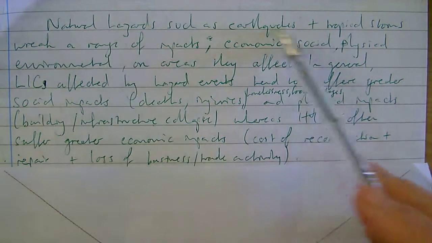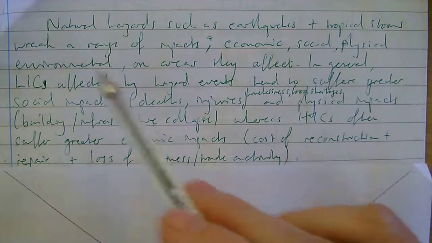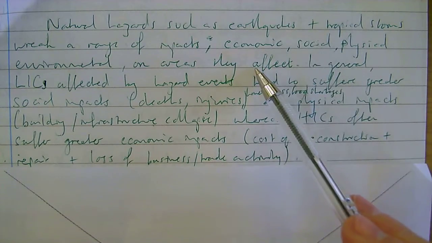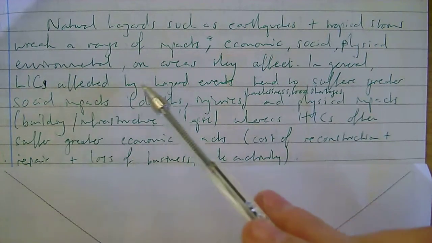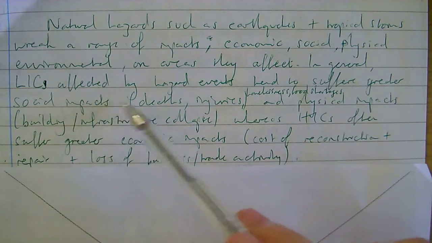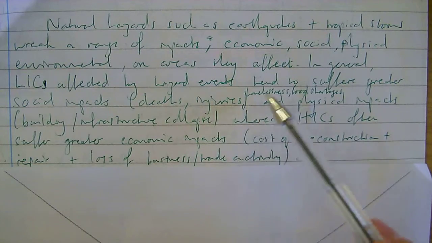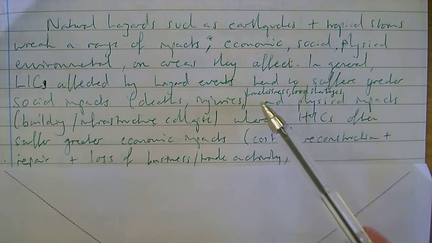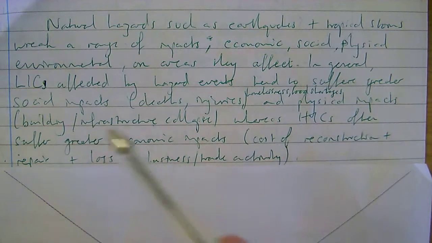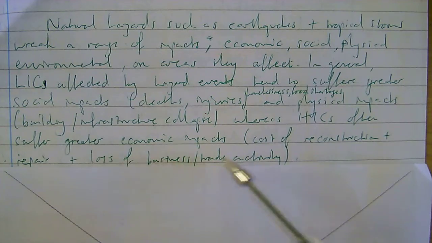So I've put natural hazards such as earthquakes and tropical storms wreak a range of impacts, economic, social, physical, environmental, on areas they affect. So I'm tackling the question. In general, LICs affected by hazard events tend to suffer greater social impacts, so I'm classifying different types of impacts. I'm starting to discuss homelessness, food shortages, and so on, and physical impacts, building or infrastructure collapse, whereas HICs often suffer greater economic impacts, costs of reconstruction, repair, loss of business, trade activity.